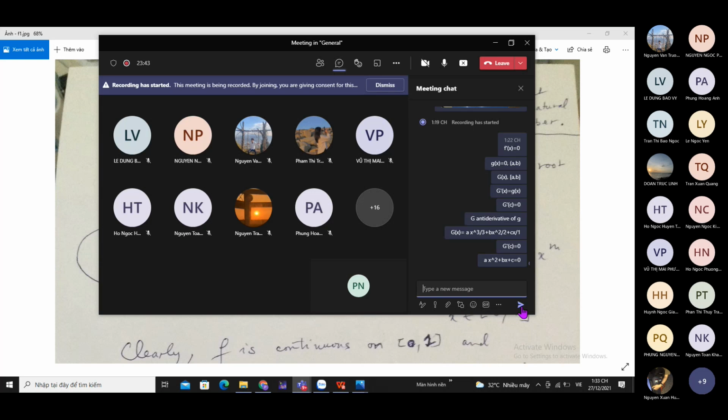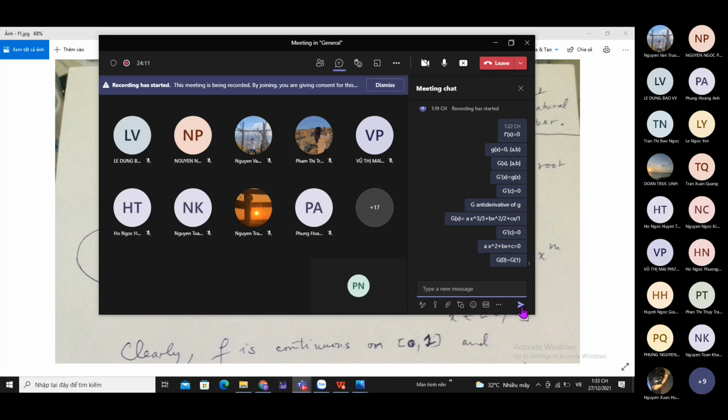The key thing here is we check the condition G of 0 equals G of 1 or not. If we have this condition, then the function G satisfies all conditions of Rolle's theorem, and then there is a number c between 0 and 1 so that G prime of c equals 0, right?